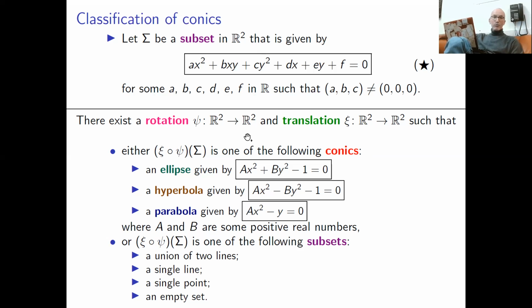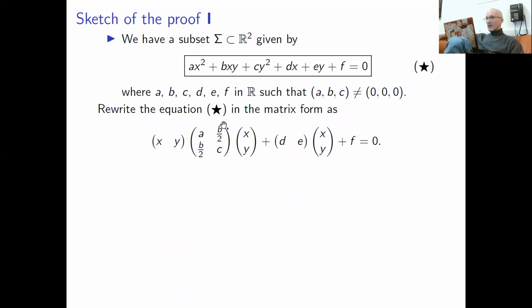So let us prove the theorem, and the idea of the proof is absolutely the same as what we did in the first example, in the beginning of this part. So we fix the subset sigma in the plane. It's given by this equation.